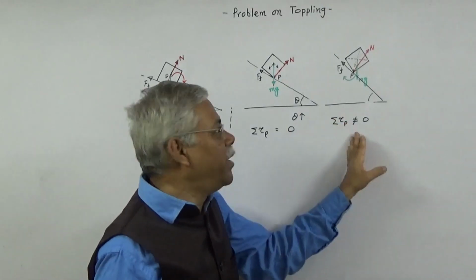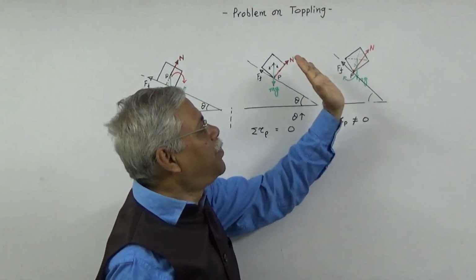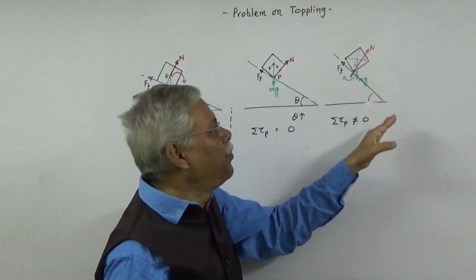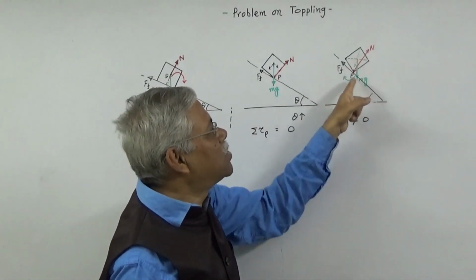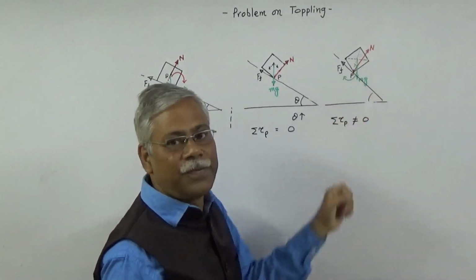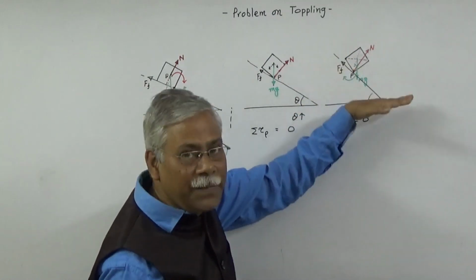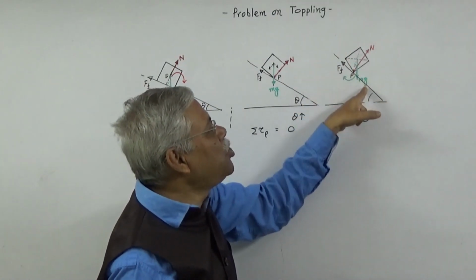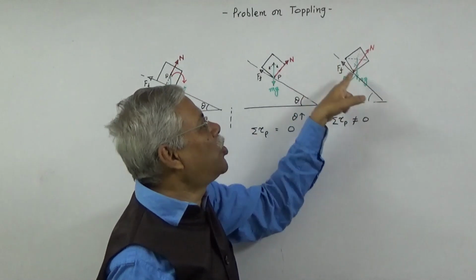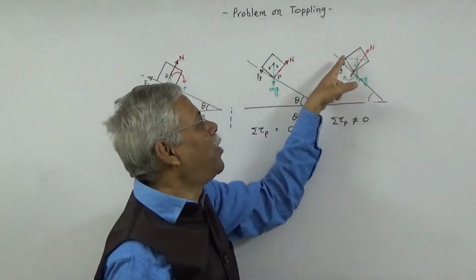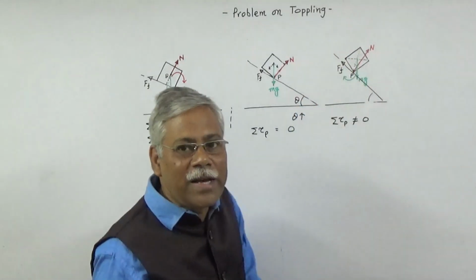In the third drawing, the tilt is a little more and the center of mass has gone to the right of a vertical line through P, and mg exerts a torque about P whose sense of rotation is clockwise.